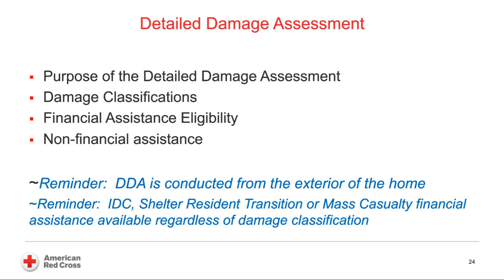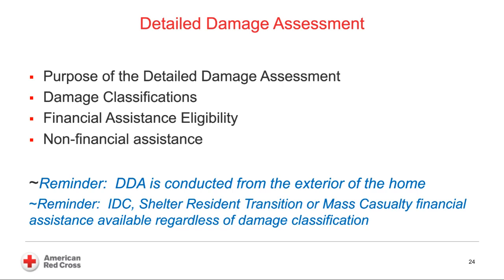So, for example, if a house is a total loss, we know the clients have lost everything, right? But we may have a situation where there's water damage, or the home may be uninhabitable, but clothing was not destroyed. So that may not be the primary need for that client.